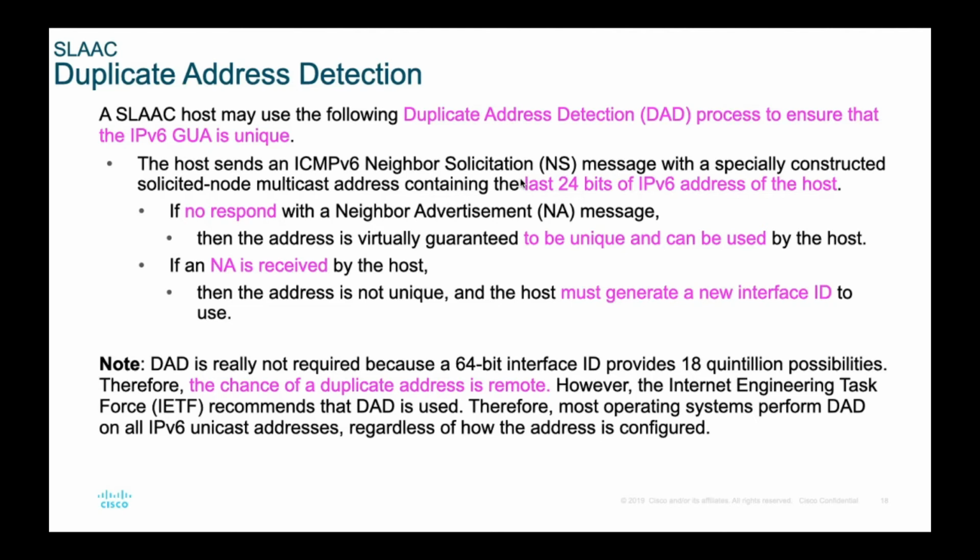So they send the last 24 bits of the IPv6 address of the host. If another device compares and has the same 24 bits, it will reply. If the client receives a reply, it will generate a new IP. If there is no reply, which means their IP is already unique.